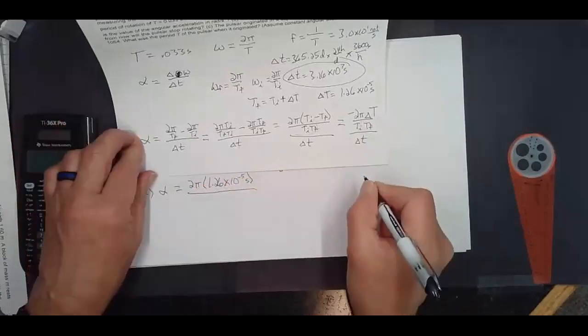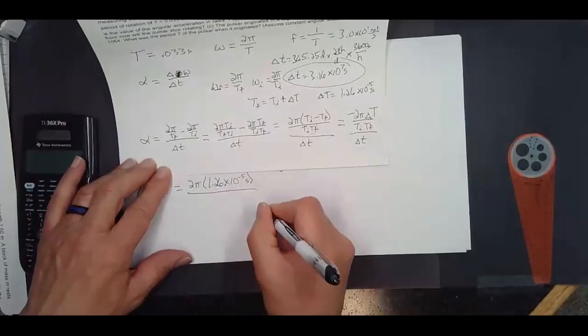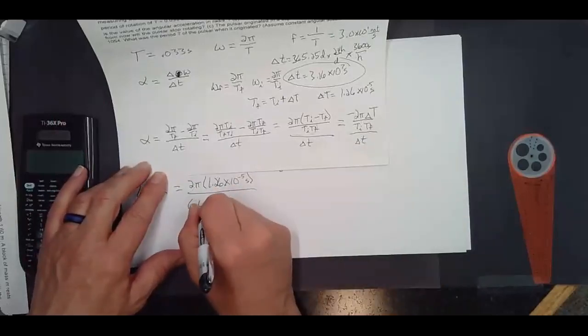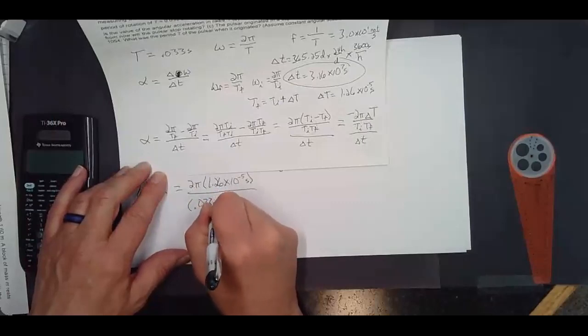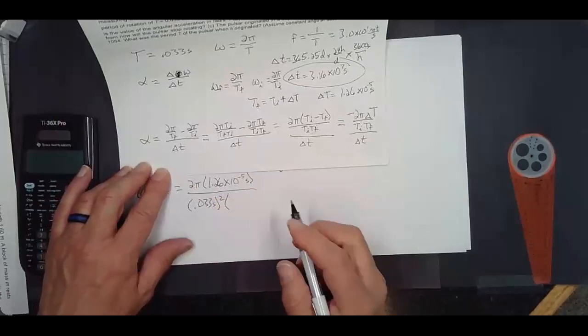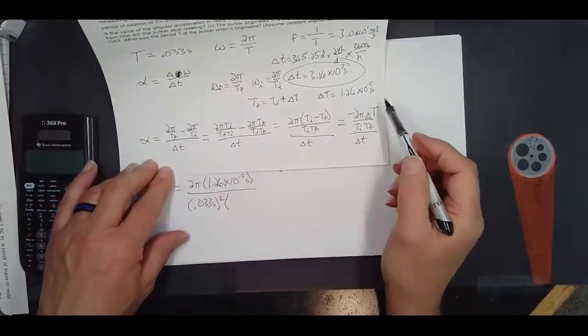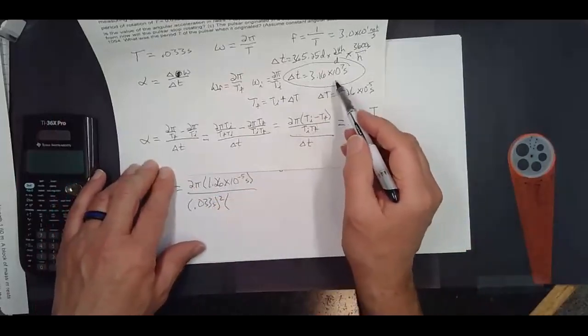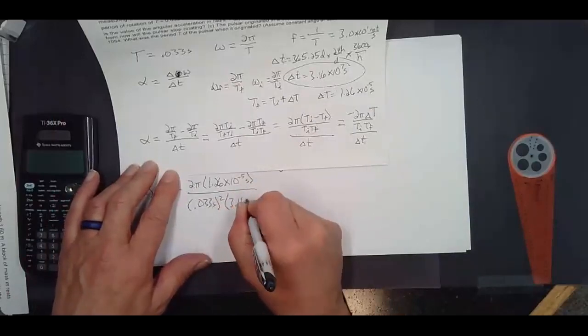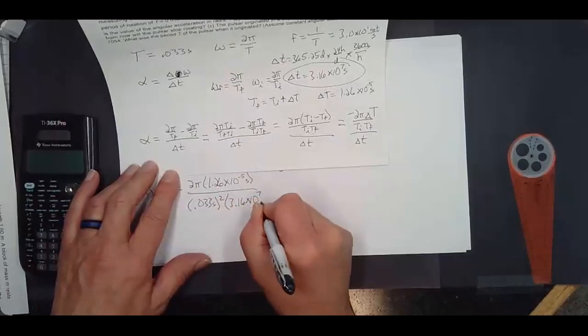And then on the bottom, I'm going to have T squared, which is 0.033 seconds squared, times lowercase delta t, which is 3.16 times 10 to the seventh seconds.